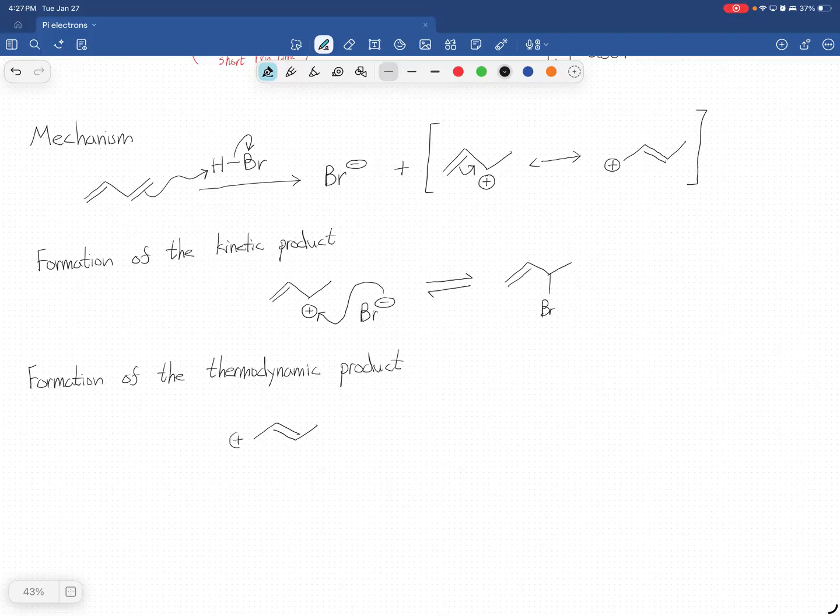So we're going to use the internal alkene here to form the thermodynamic product. So Br is going to react with this carbocation, and we get Br, the primary allylic bromide there. Okay.